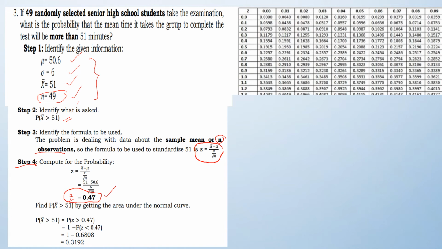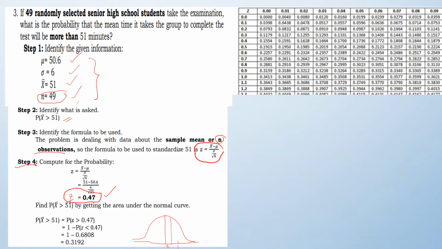And then, kung ating kukuhanin, may dalawang paraan paano mag-compute nito. Yung una, ganitong way. So, kung ipapakita natin sa normal curve, I-locate muna natin kung nasaan ang 0.47. So, kung ito ang 1, nandito siya.